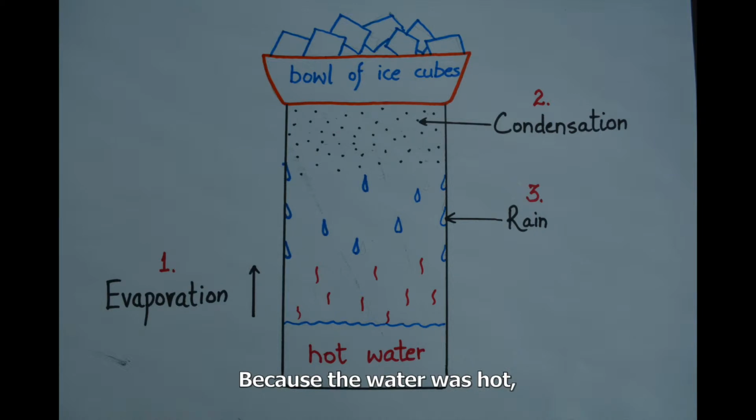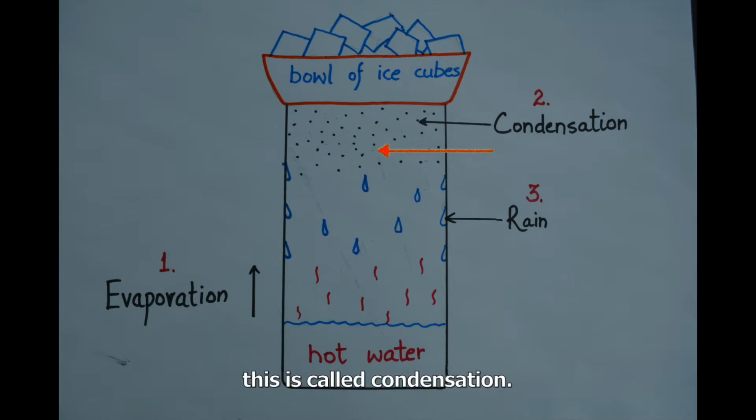Because the water was hot, some water turned into moisture. This is called evaporation. This hot air and moisture went up. On reaching the top, the warm air and moisture started cooling because of the ice and became small water droplets.